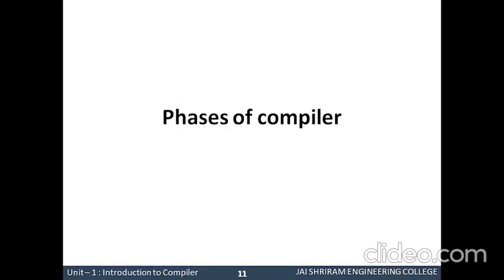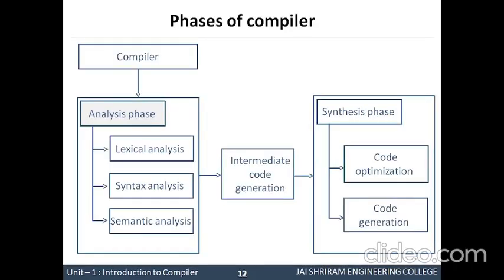And next, a very important topic in compiler design, the phases of compiler. We are going to carefully walk through the phases of compiler. In the phases of compiler, we have different phases. The first 3 phases are called the analysis phase, and the last 2 phases are called the synthesis phase, that is code optimization and code generation.